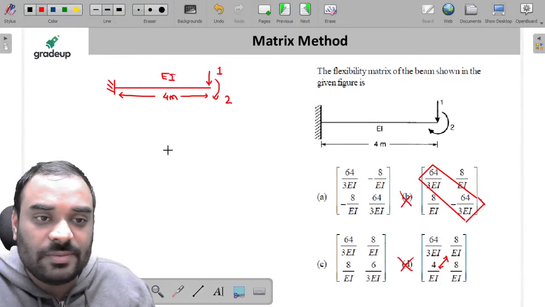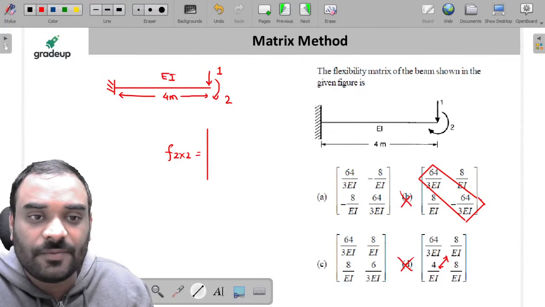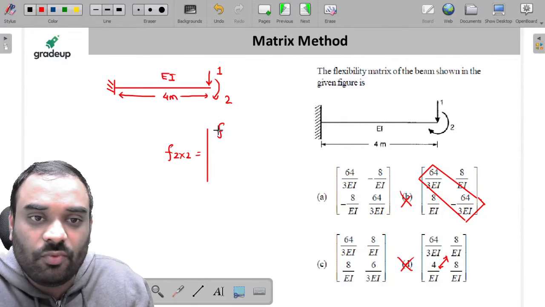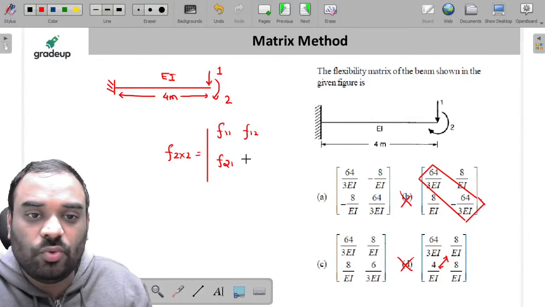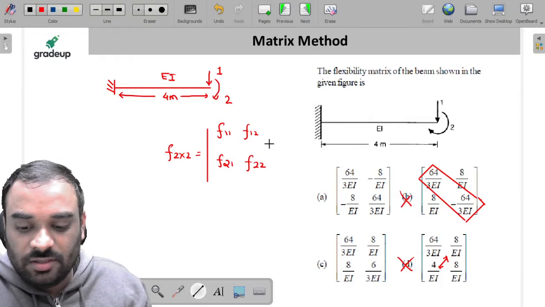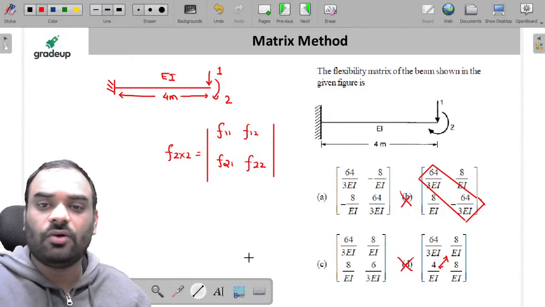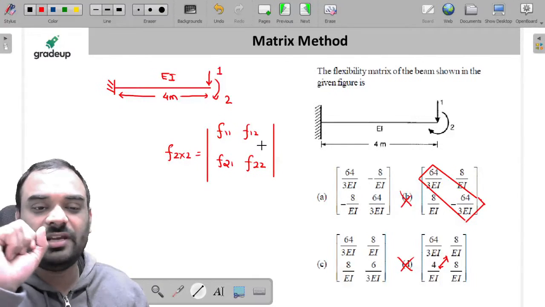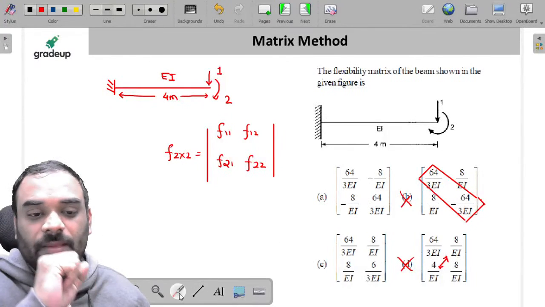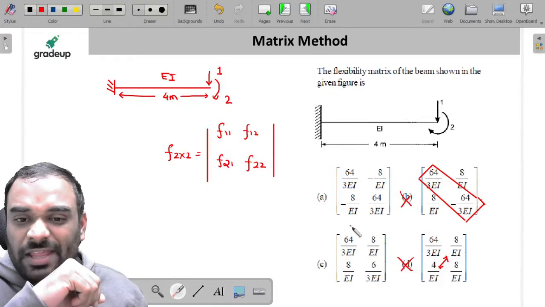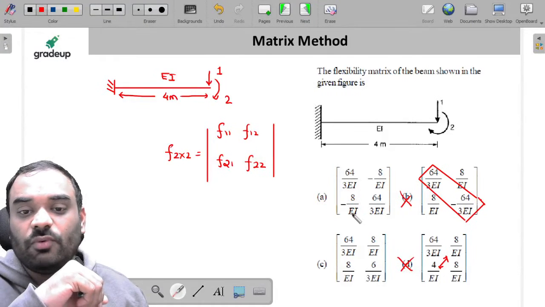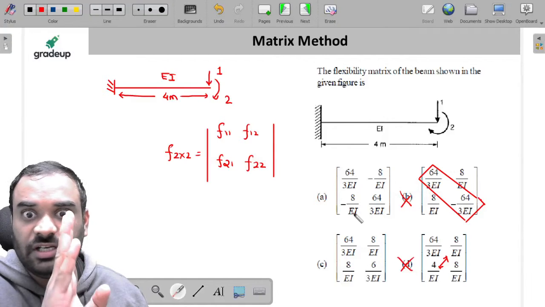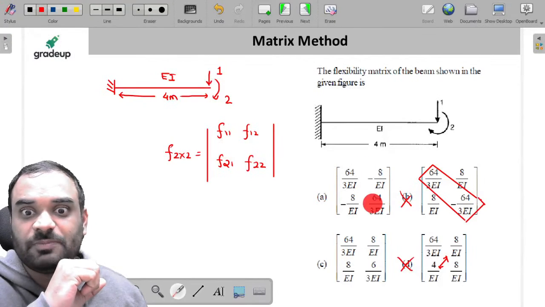So flexibility matrix is 2 cross 2, and the elements are F11, F12, F21 and F22. Let me tell you, my friends, the basic concept of how to solve this particular problem directly, but we have to see one thing only over here. When these elements will be negative over here, listen carefully, then only you are able to eliminate this particular option.